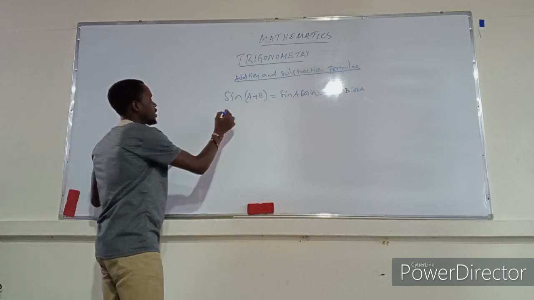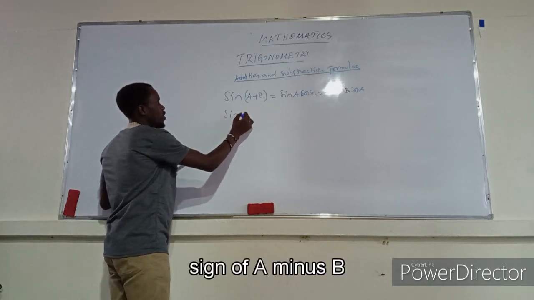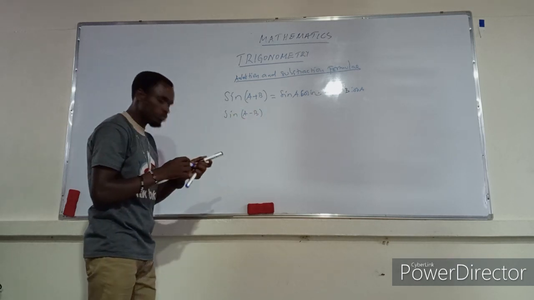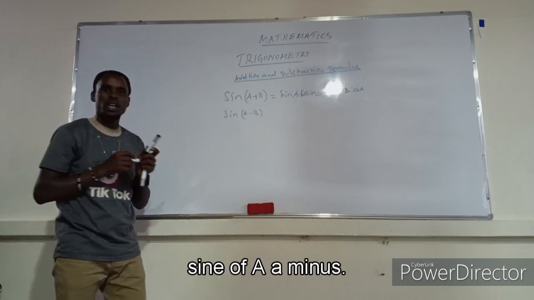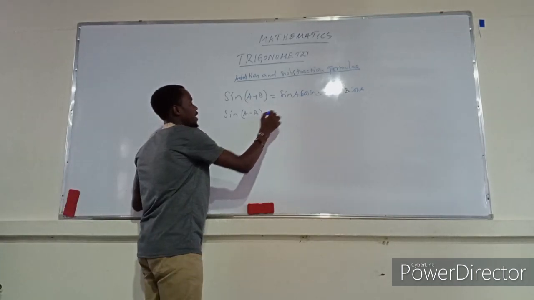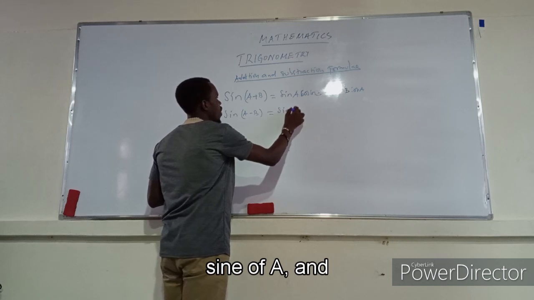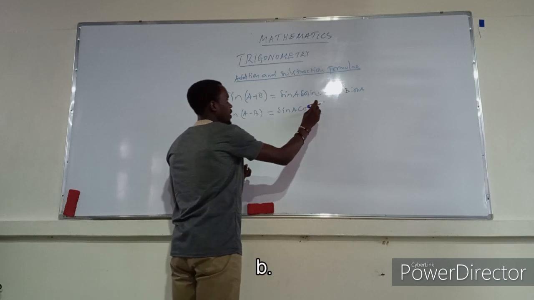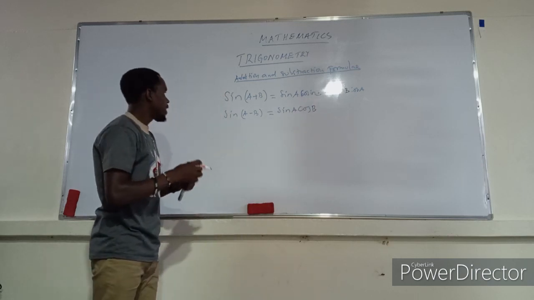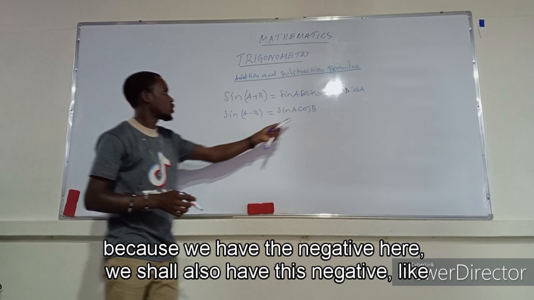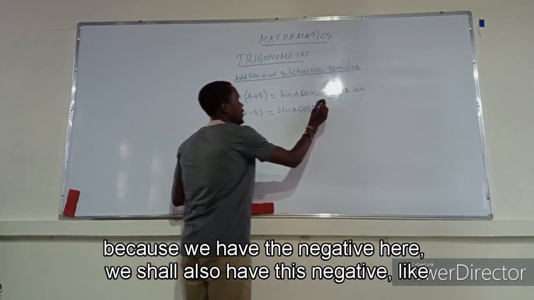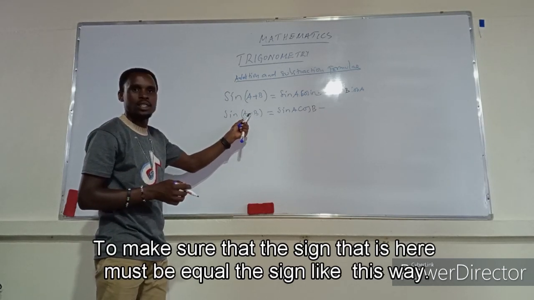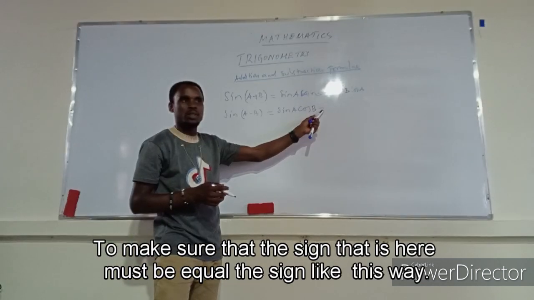For example, suppose that we need sine of A minus B. This is equivalent to sine of A and then cosine of angle B. Then because we have a negative here, we shall also have a negative here. I have to make sure that the sign here must be equal to the sign there.